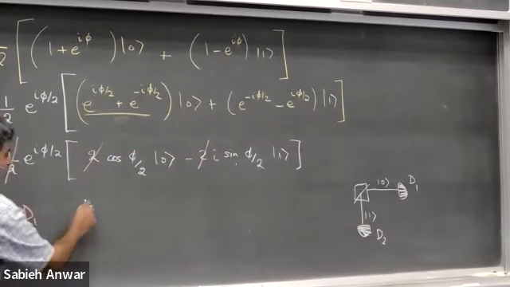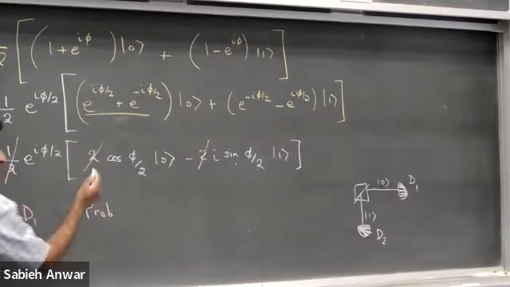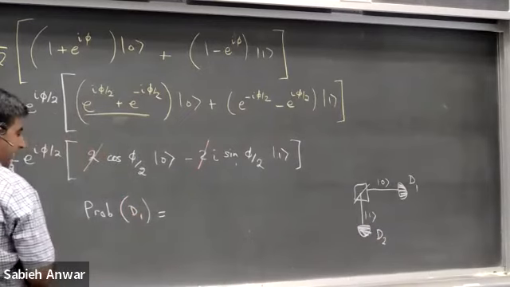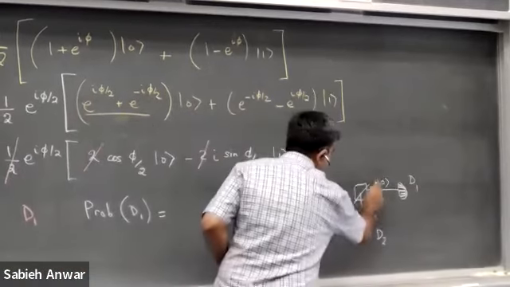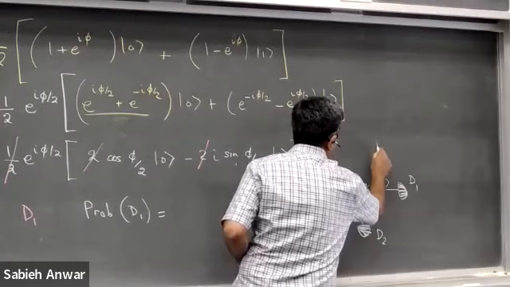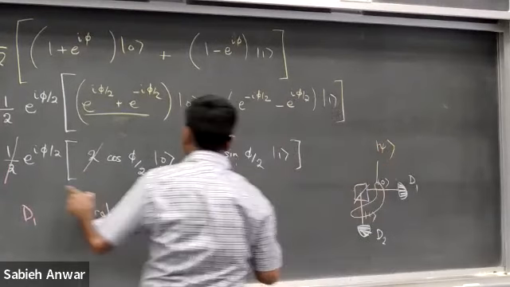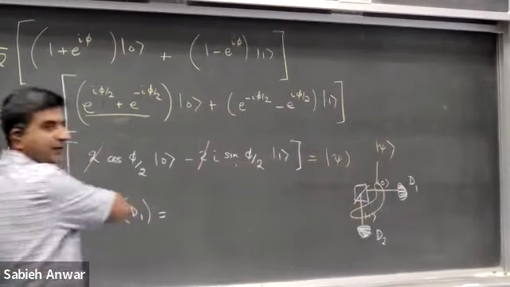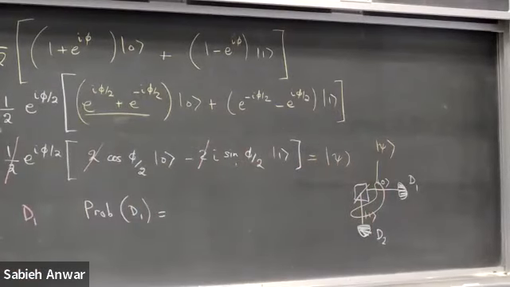The probability, now this is a postulate of quantum mechanics. The probability that D1 clicks, if I know what the state is here, let's call that state psi. And this is my psi. It's in a superposition state. And I want to find out the probability that the detector D1 clicks.